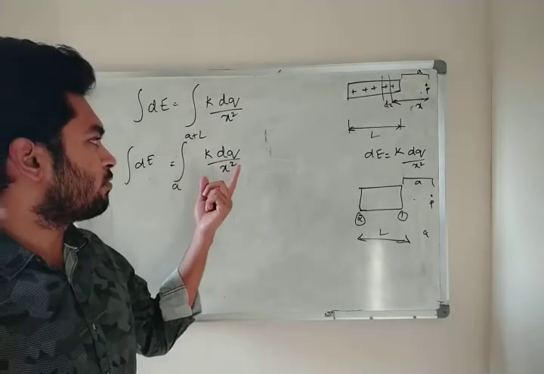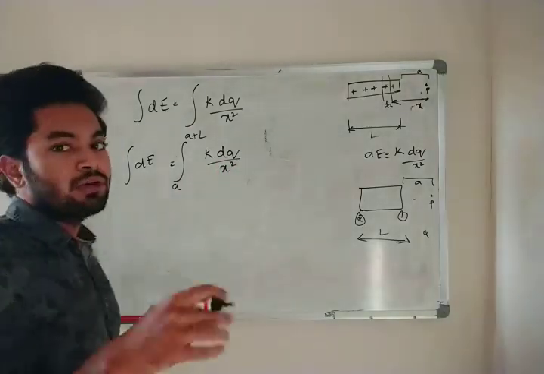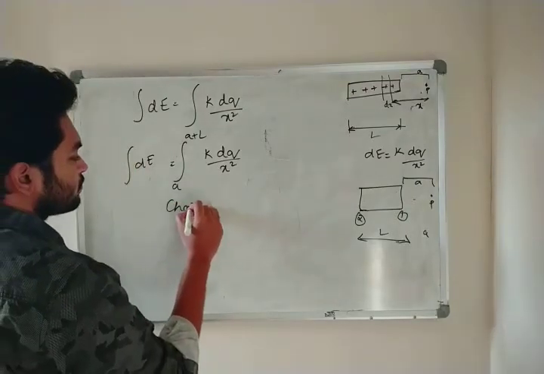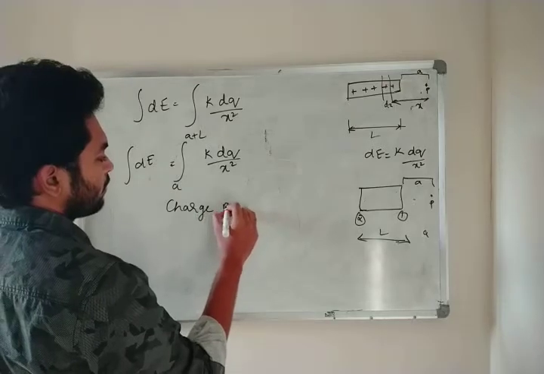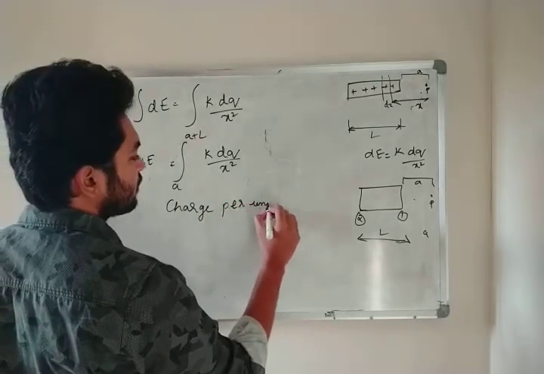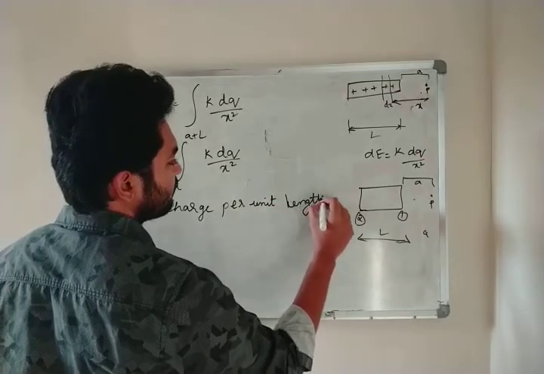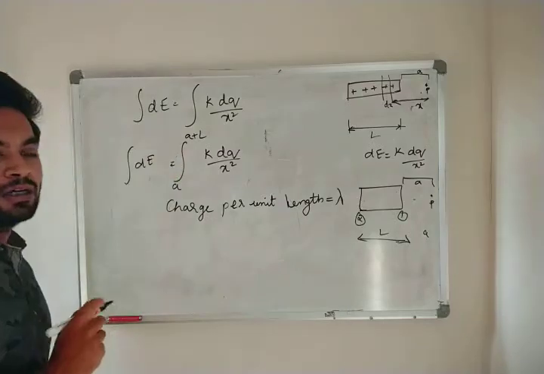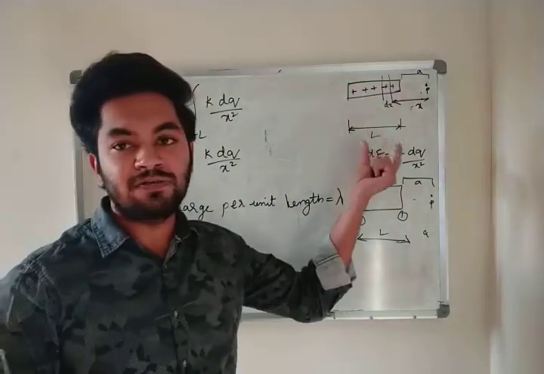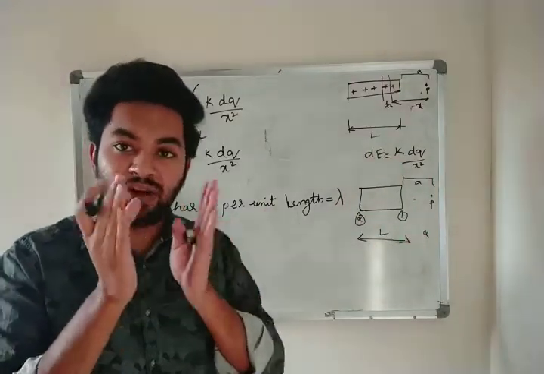And dq, what should we do for dq? We are going to introduce one new term, which is charge per unit length, which we take as lambda. Suppose I take the length as 5 centimeters and I want to know the charge of 1 centimeter.